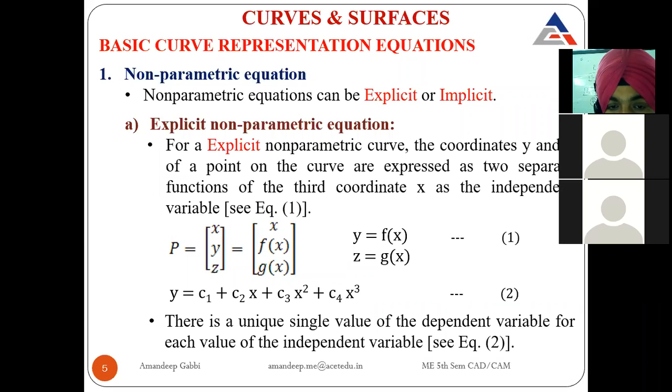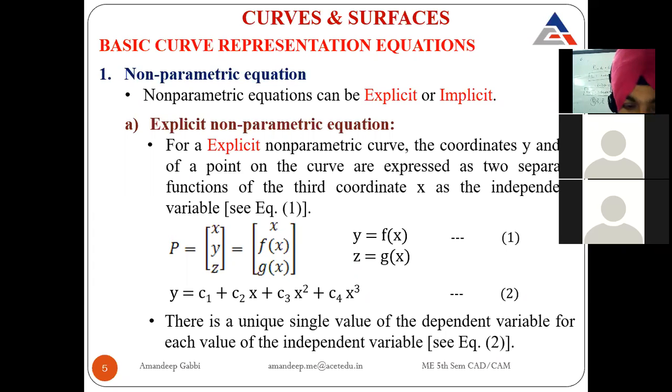Explicit non-parametric equations. The non-parametric equations are further of two types, explicit and implicit. Now, it is pure mathematics. You must be very much aware of this. Let me explain what this expression is all about.